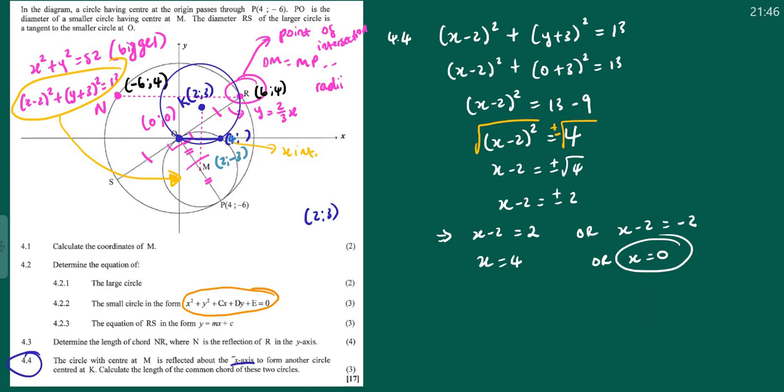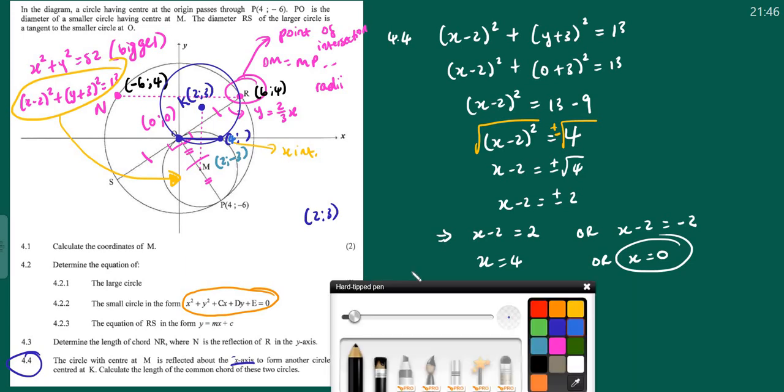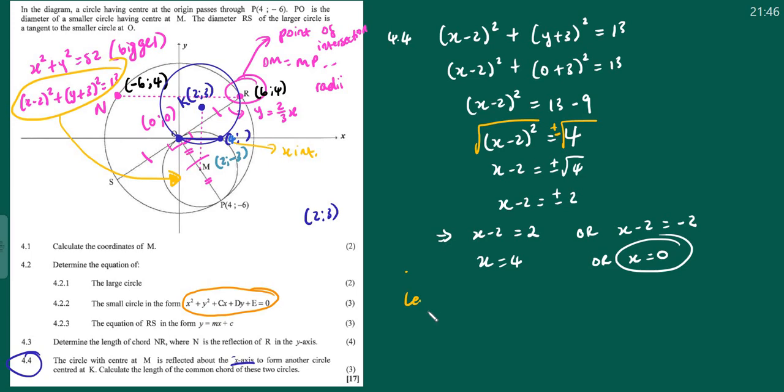So therefore the length of the chord will be the root of x2 minus x1 all squared, plus y2 minus y1 all squared.